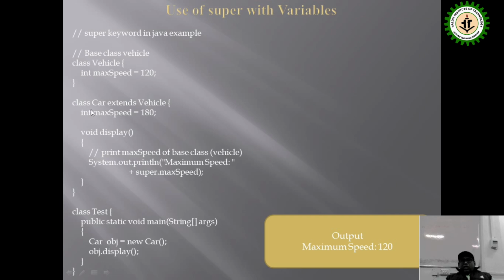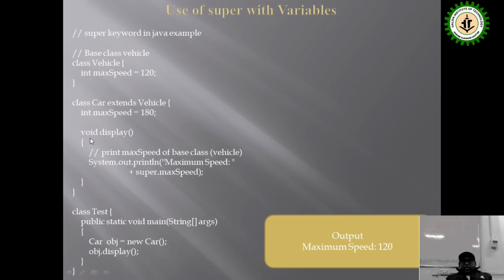Now class Car. A car is a vehicle, so class Car extends Vehicle. This is the child class, and it has its own instance variable, integer maxSpeed equal to 180.